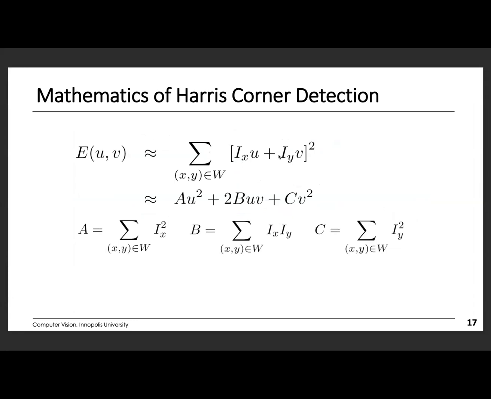So the sum of (Ix u plus Iy v) squared is equal to a u squared plus 2b uv plus c v squared, where a is equal to the sum over x, y belonging to the window w of Ix squared, b is equal to the sum of Ix multiplied by Iy, and c is equal to the sum of Iy squared.